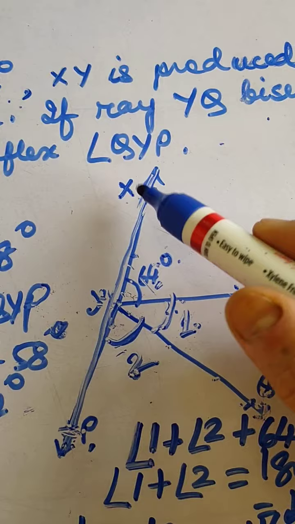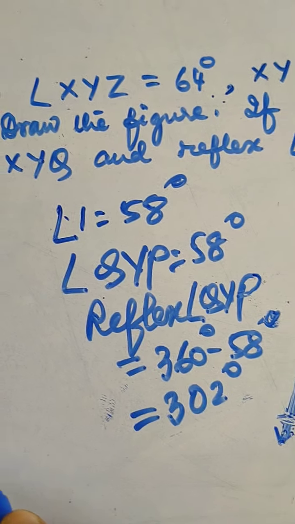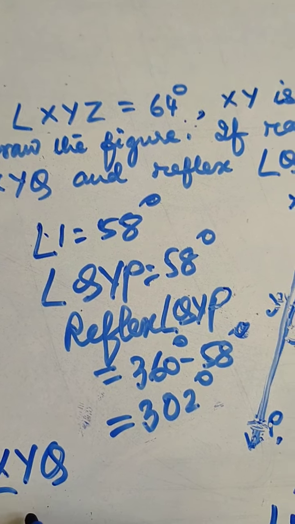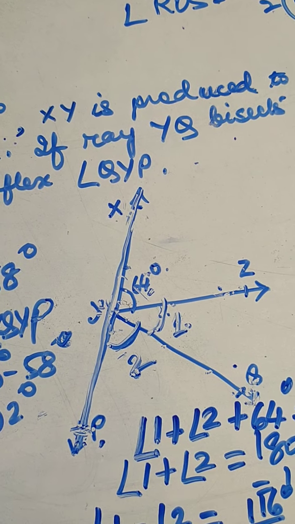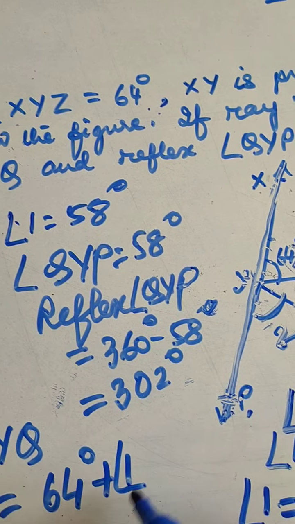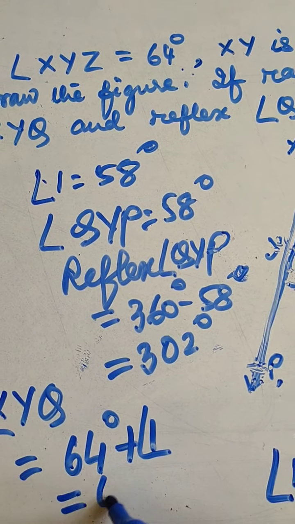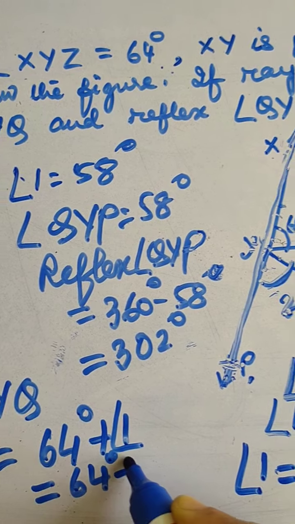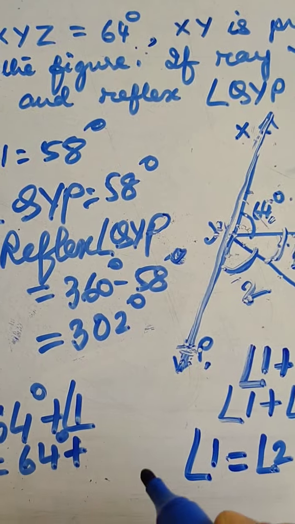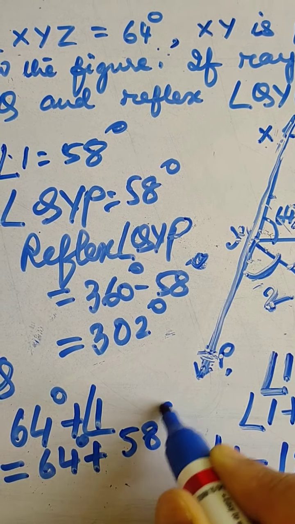Now then easily we can find out XYQ. So what is your angle XYQ then? That is equal to, you see here, 64 degree plus angle 1. So as we know, we got angle 1 as 58 degree. So you can write here 58 degree.